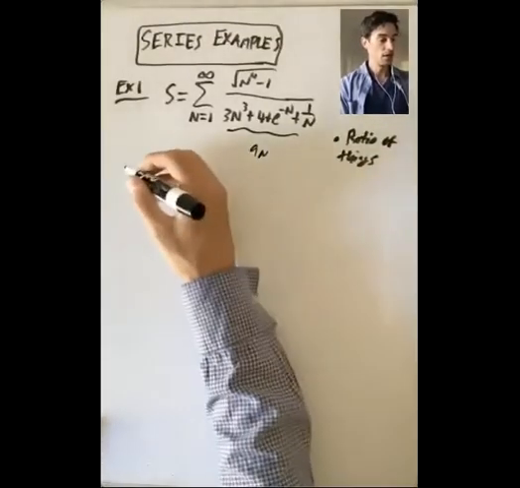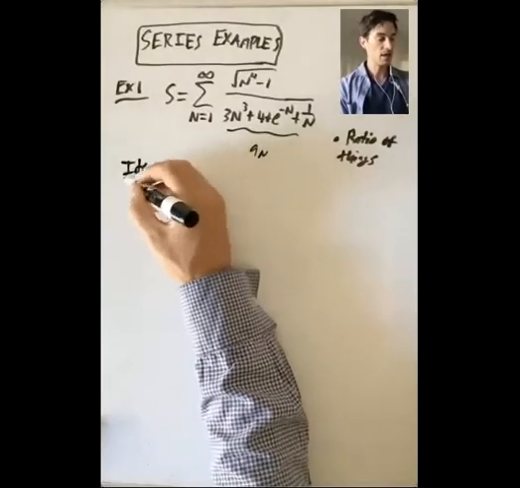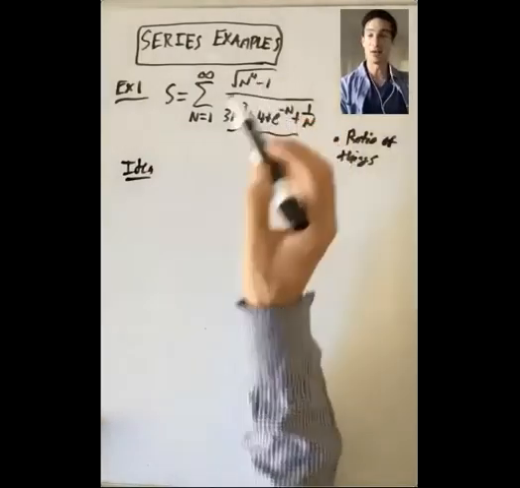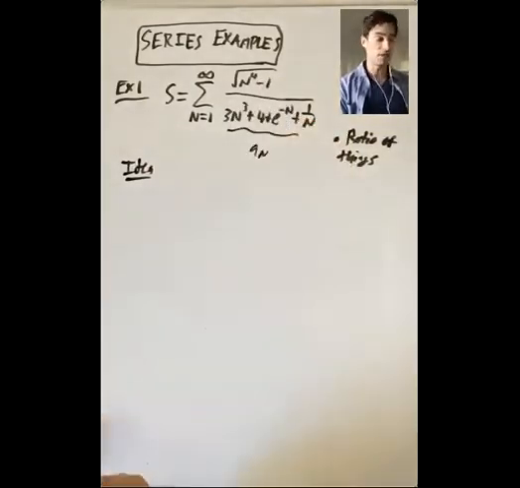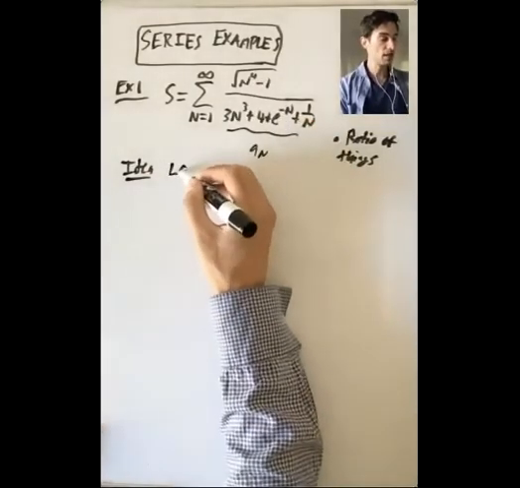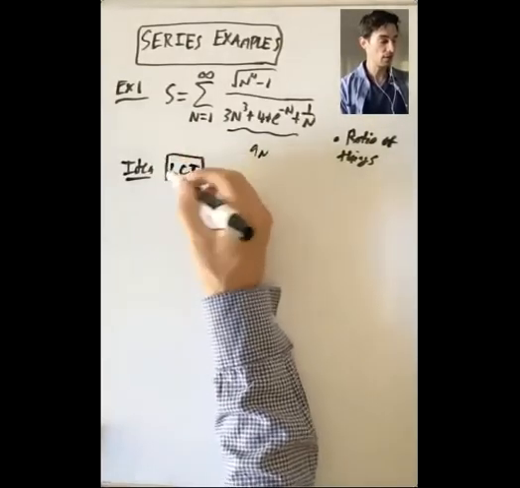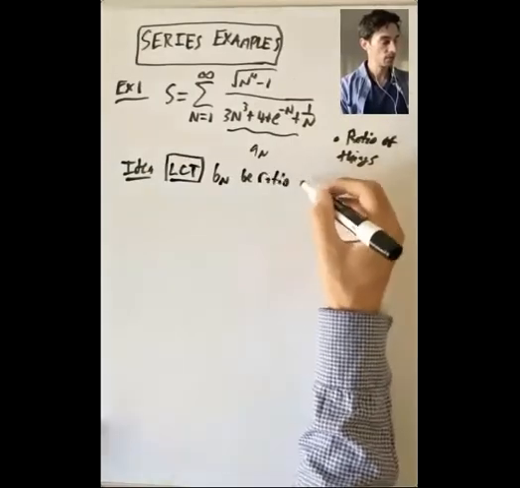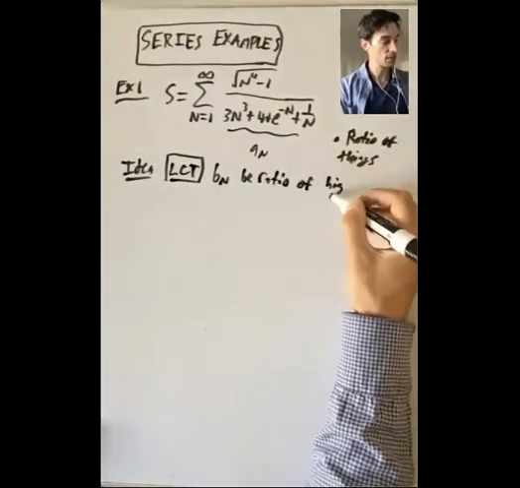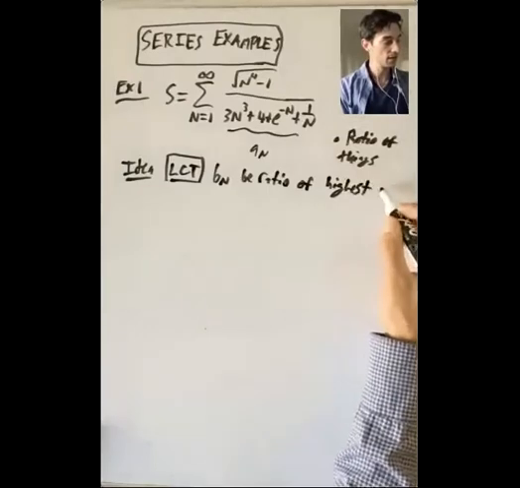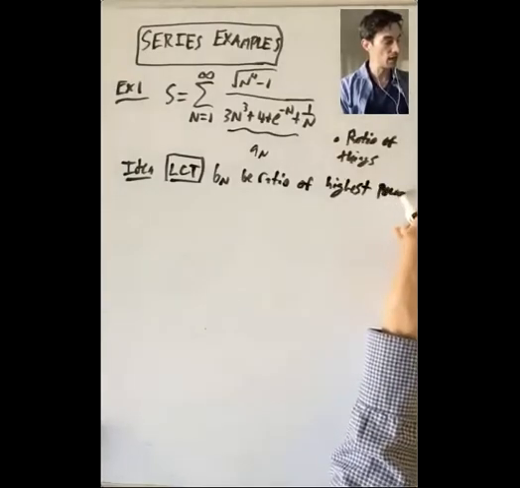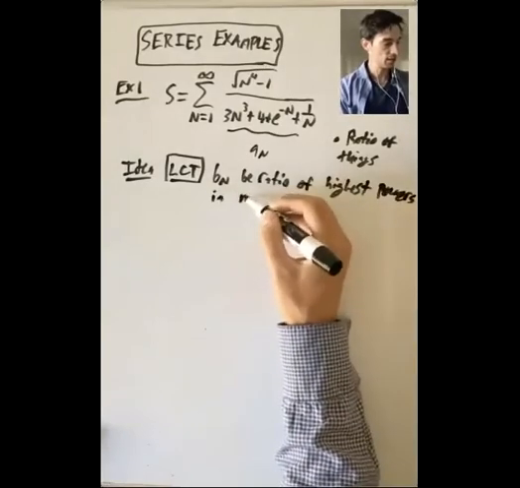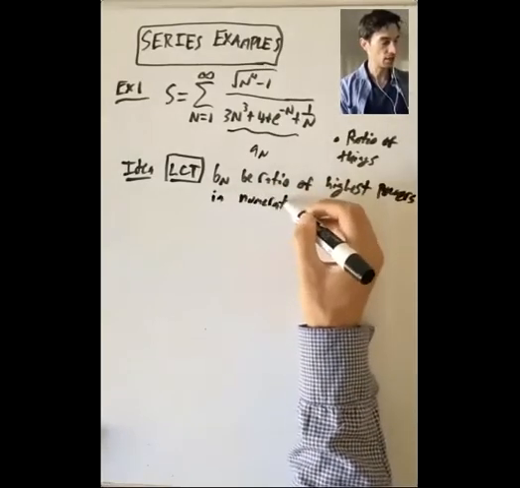So the idea here is because we have a ratio of terms and we can identify the largest thing in the numerator and the denominator, we're going to apply the limit comparison test, and we're going to let bn be the ratio of the highest powers of n in the numerator and the denominator.